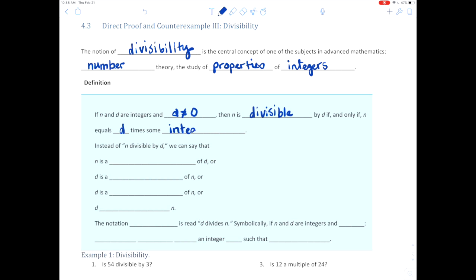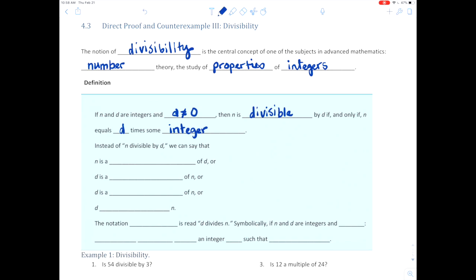Just like some of the other things we've been looking at, an even number in math can be written as 2 times some integer. An odd number can be written as 2 times some integer plus 1. This is your setup for a lot of these divisibility proofs.